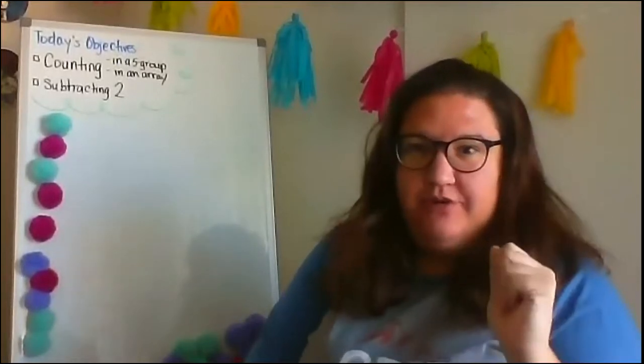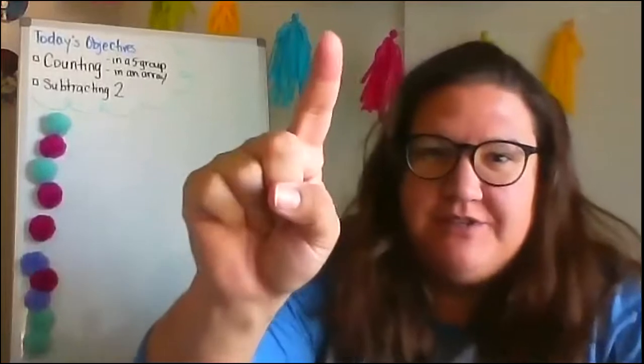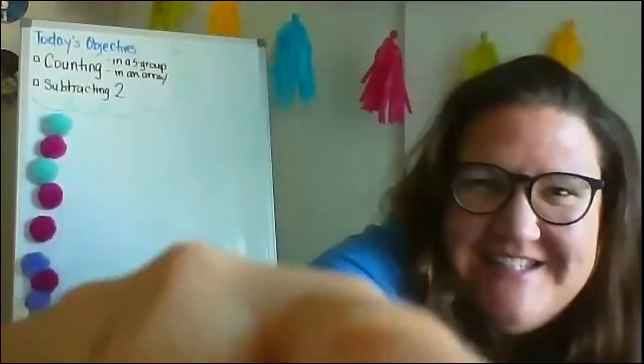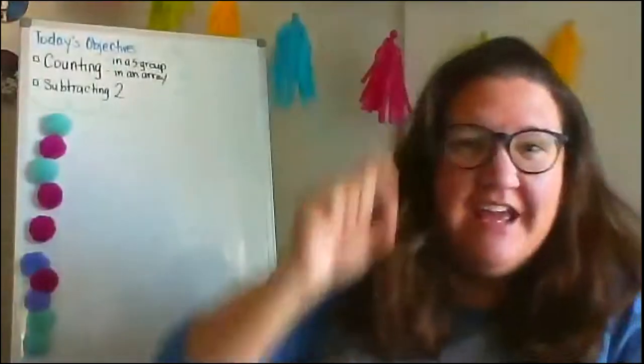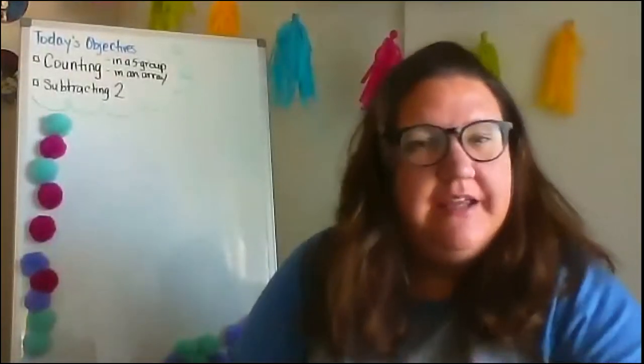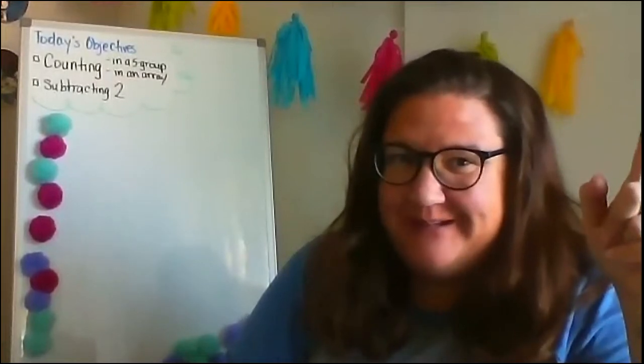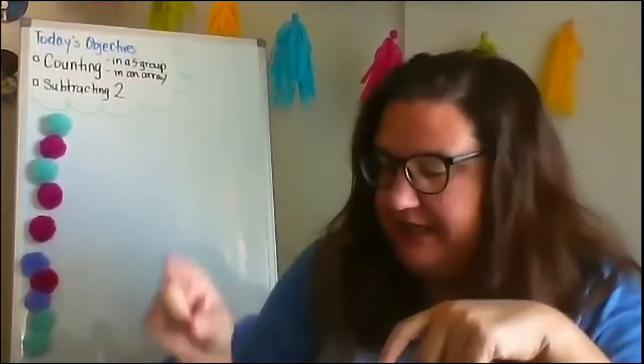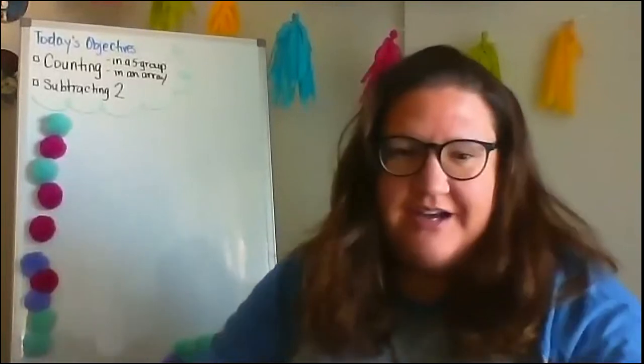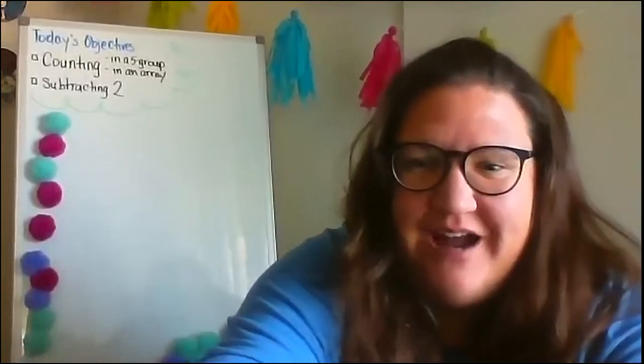If it's on your computer screen, you can just go up to the screen and touch 1, 2, 3, 4, 5, 6, 7, 8, 9, 10. And you can just touch the screen real lightly, right? If I'm going to touch the screen, am I going to use a pencil or a pen? No, I'm just going to use my finger and tap while I am counting. Awesome. Let's move into some work on paper.